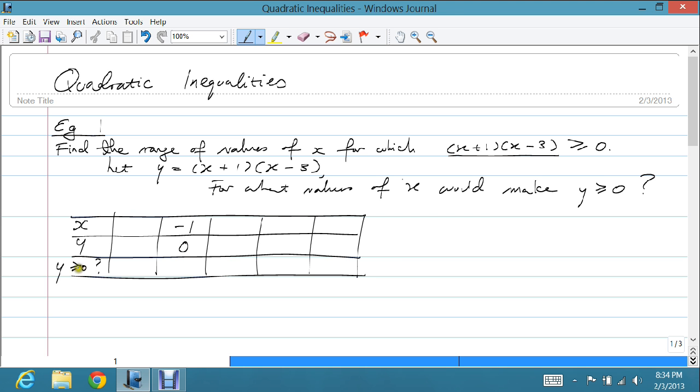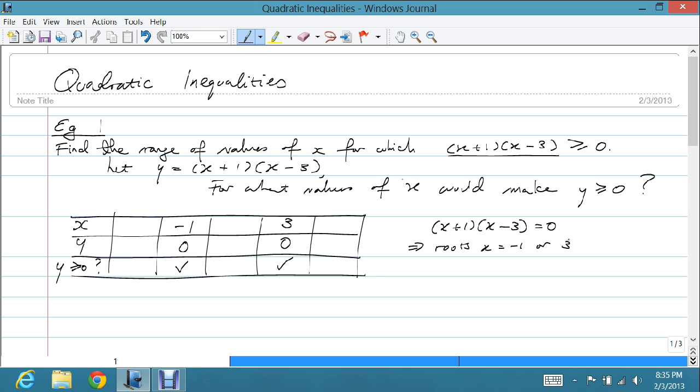When y is 0, y is bigger than or equal to 0, so it does satisfy the inequality. Similarly, if x equals 3, 3 minus 3 is 0, so y equals 0, and again it satisfies the inequality. This shouldn't surprise us, since (x + 1)(x - 3) equals 0 gives us roots x equals negative 1 or 3.